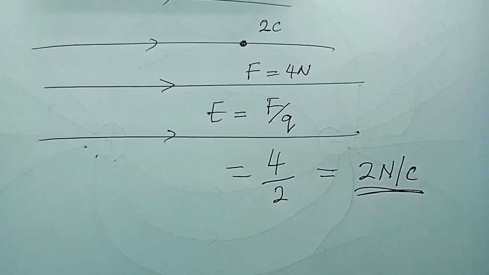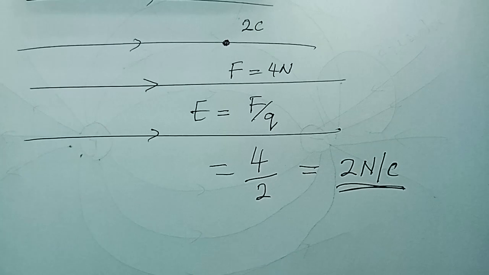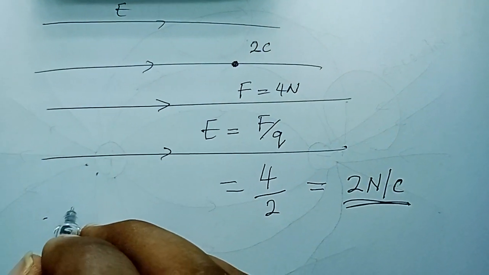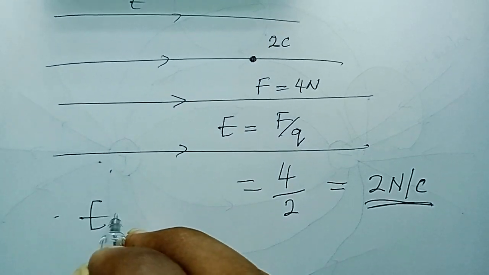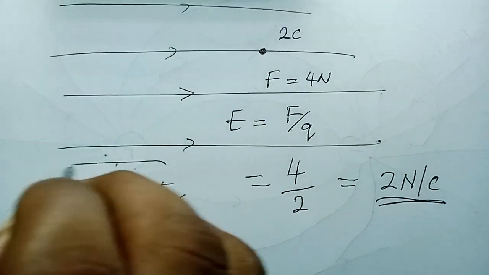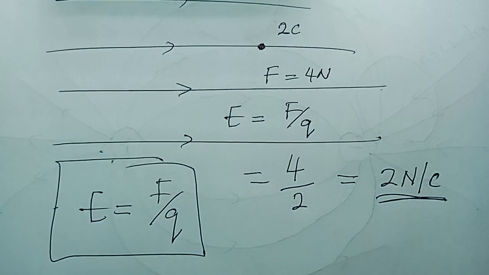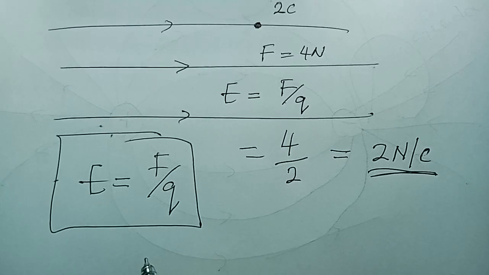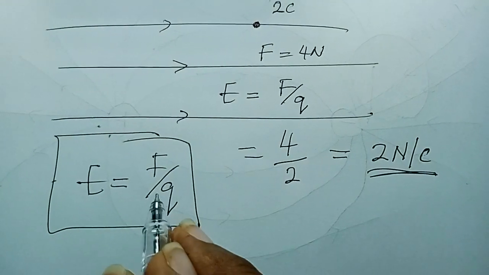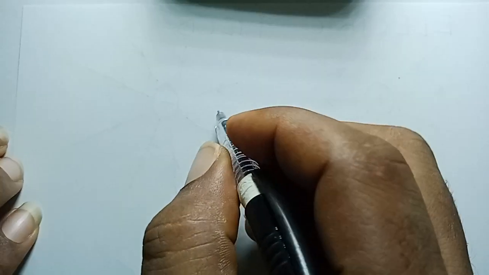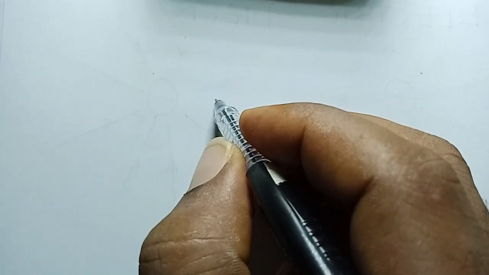So this should be the first formula you should know in this subtopic, that electric field is equal to force all over charge. This could be asked in your test or exams, but with practice, you will remember this formula anywhere, anytime.